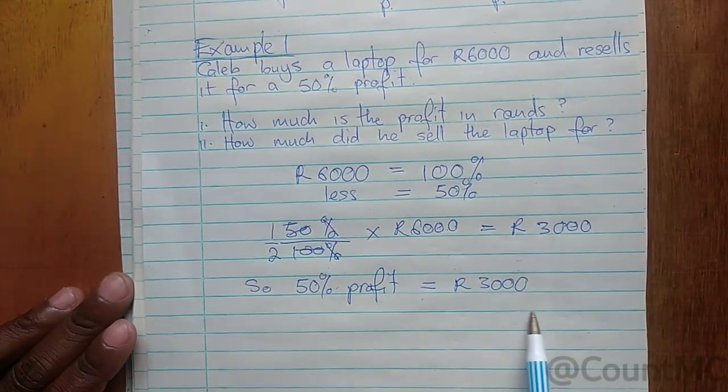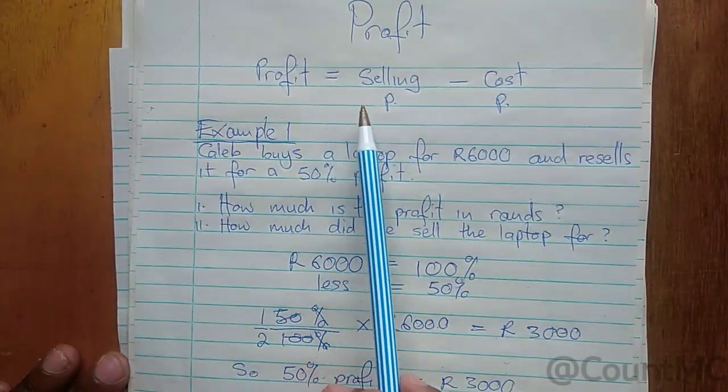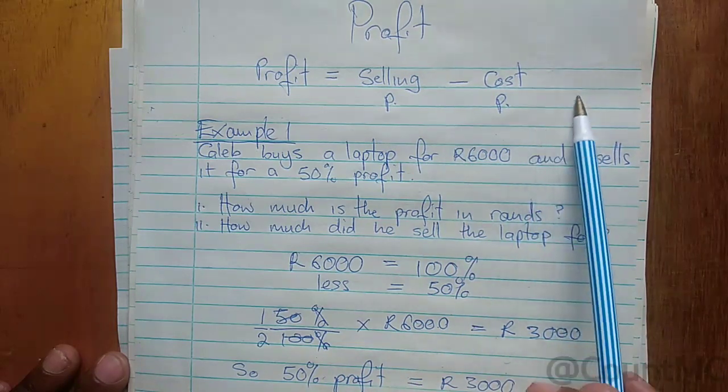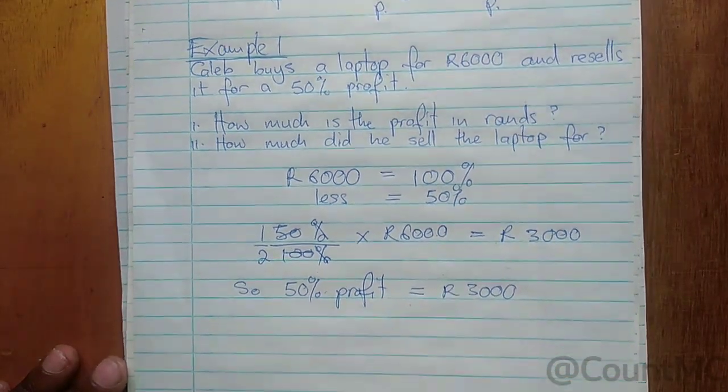So we know his profit. How much did he sell the laptop for? We know that profit is equal to selling price minus the cost price, so we can find the selling price.